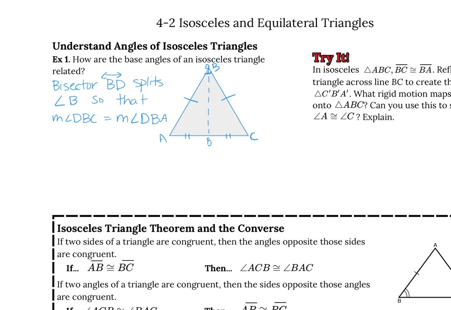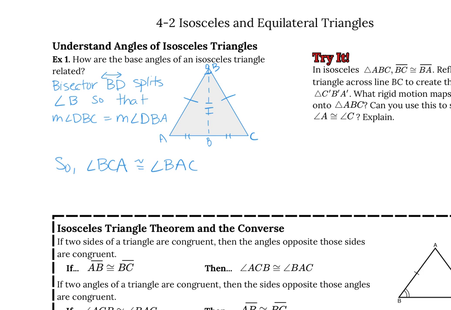All right, so that means that angle BCA would be congruent to angle BAC. Okay, and I know that because this right here would be congruent to itself through the reflexive property, because BD is congruent and equal to BD.